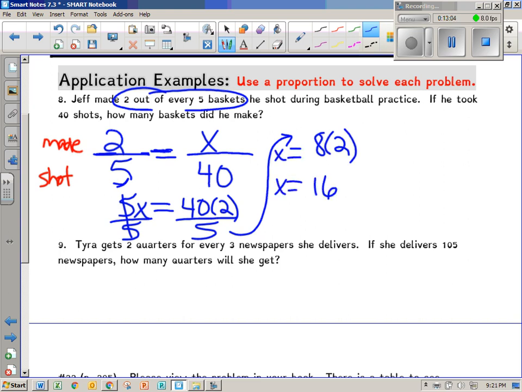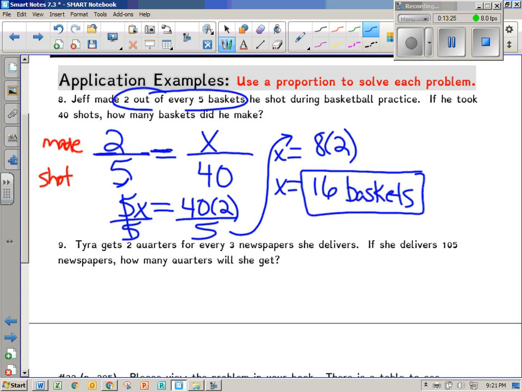Now this is a word problem, so you need a unit of measurement. So it says, how many baskets did he make? Oh, well, he made 16 baskets. You don't have to write a full sentence, but if you do, that's fine as well. Then you look back, make sure it makes sense. Yes, it makes sense.